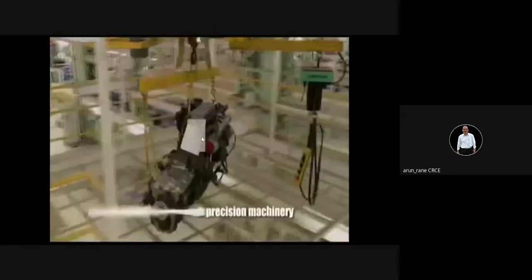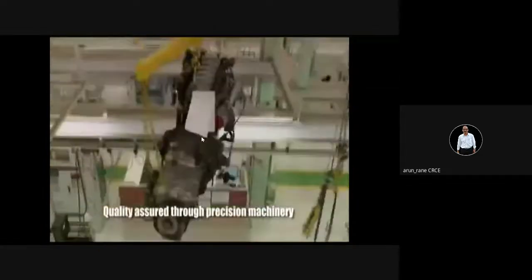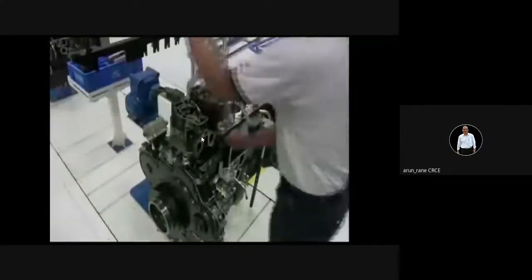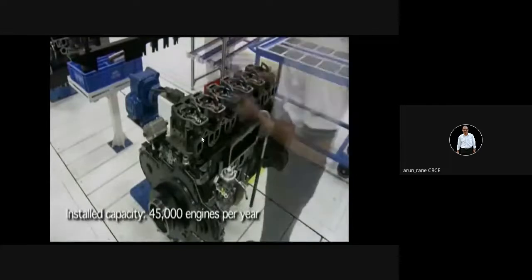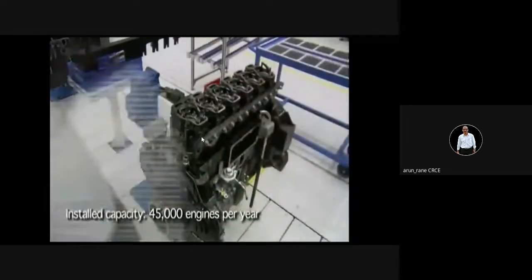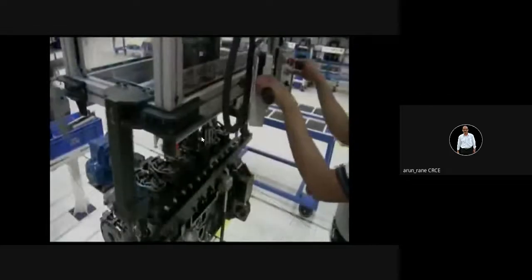An electrified monorail for inter-process connectivity. Highly skilled technicians, aided by precision machines, with the use of marvels of modern engineering. The Max Force engine.